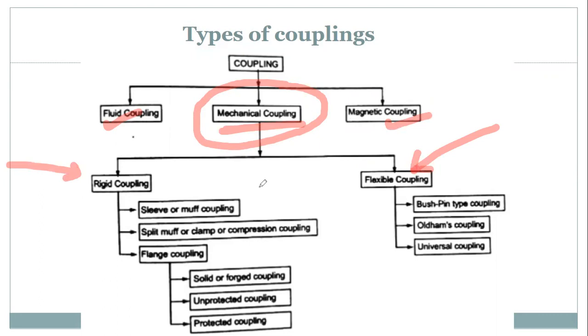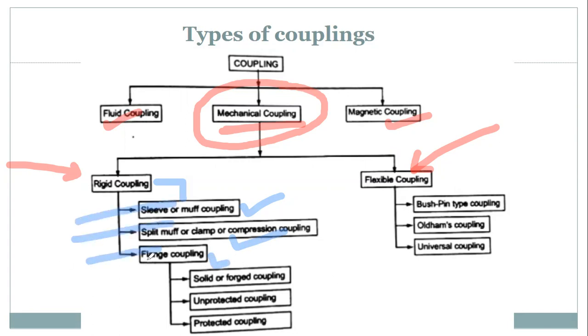We are going to see the difference between both of them in detail. Rigid couplings include the sleeve coupling or muff coupling, and the split muff coupling, also called clamp coupling or compression coupling, and the flange coupling. Three main types are sleeve coupling, split muff coupling, and flange coupling.